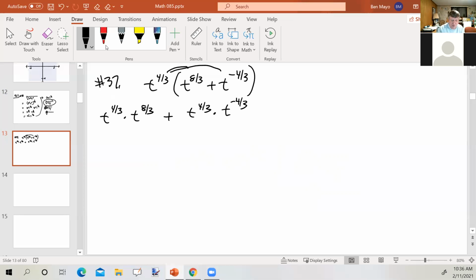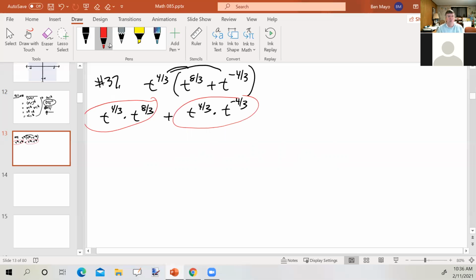Now, we have a situation here and here where we are multiplying two powers with the same base, t being the common base. In that case, we add the exponents. So this first one would be t to the 4/3 plus 8/3, which is t to the 12/3, which is t to the 4th power.